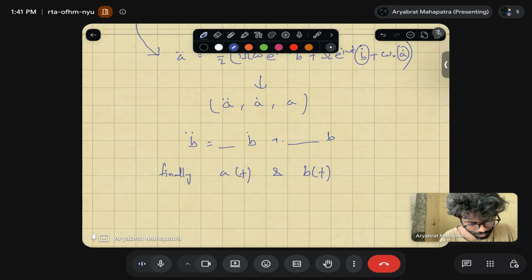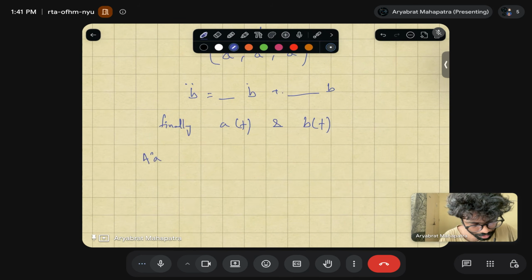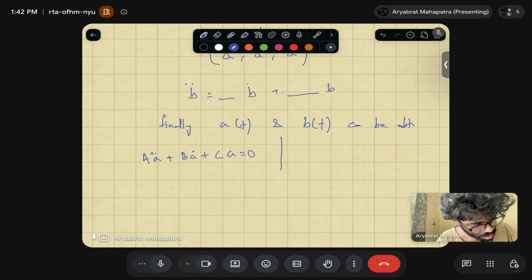So it's basically you have to solve these two types of equations: a double dot, b a dot, plus c a equals 0. This is one type of differential equation you have to solve, and the other can be a prime, b double dot plus b prime b dot plus c prime b equals 0.